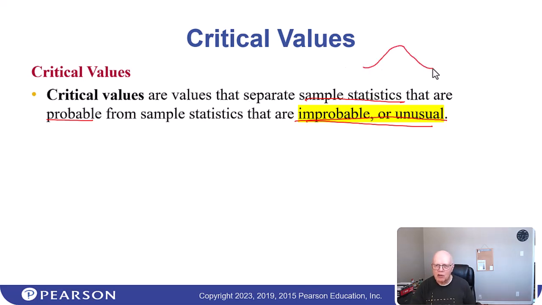Here's one of those curves we kept using, and we're going to use even more now. Remember the mean, if we know it, is in there. And the critical values will be on the two ends. This will be the critical value, we'll call it X C lower, X C for critical upper.